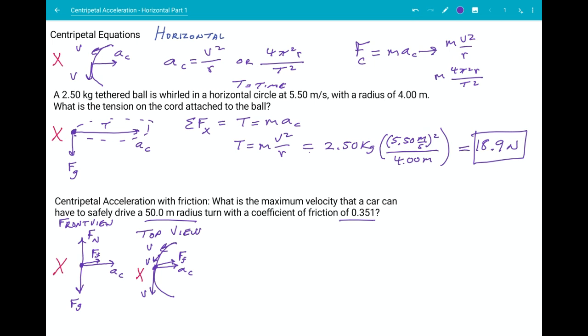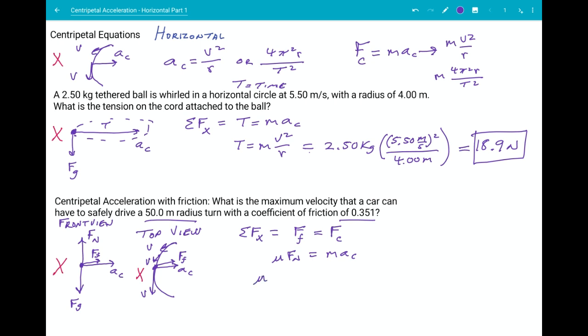So let's look at our net forces here in the x direction again. Well, we have the friction force going towards the center, but we also have centripetal force at the center. Therefore, if we just write our equations, so mu times Fn, that's for the frictional force, and then we have mass times centripetal acceleration. Write this out a little further.